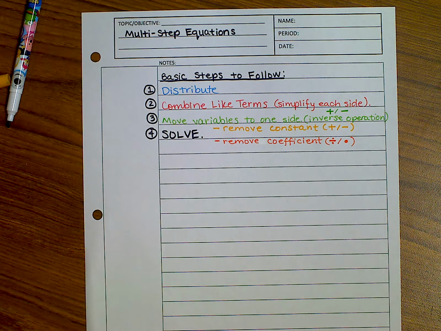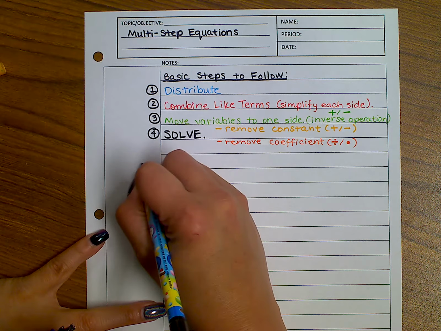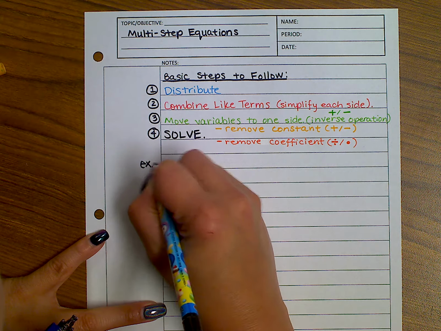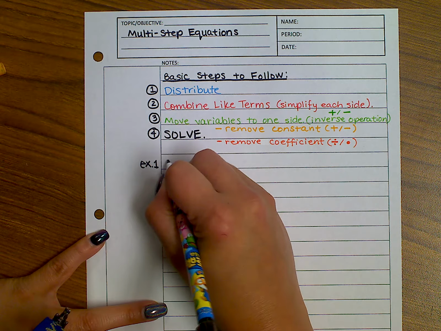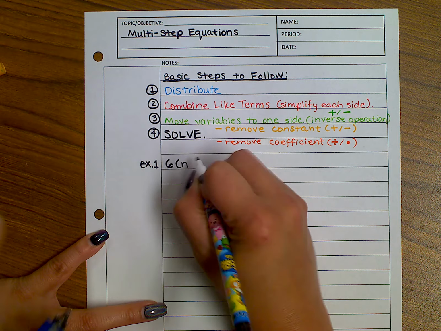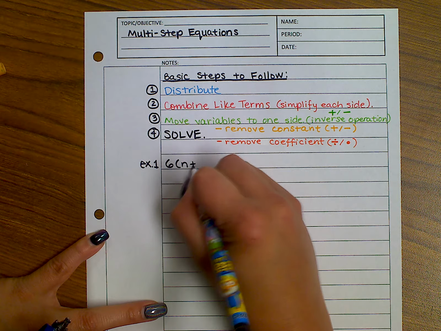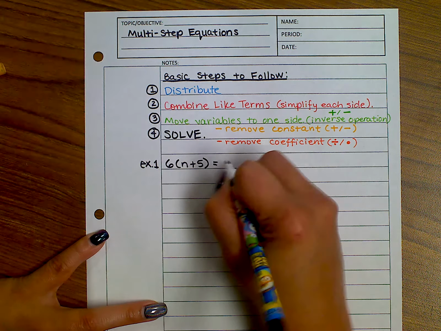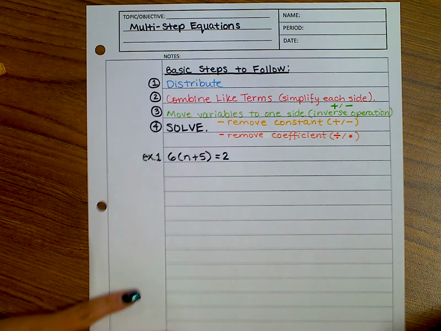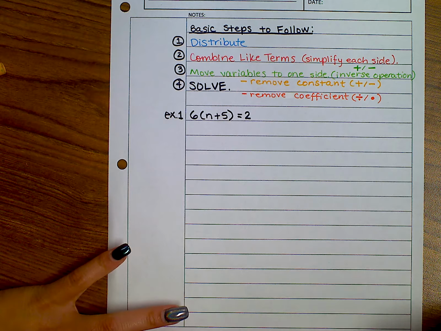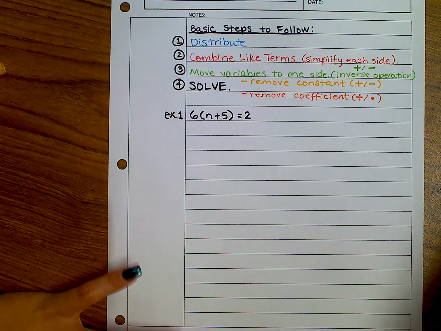Okay, so let's go ahead and begin on a couple of examples here. Example 1. This one's going to be 6 parentheses n as in Nancy plus 5 is equal to 2. Okay, so I'm going to go ahead and use my colors. And step 1 says I should distribute.